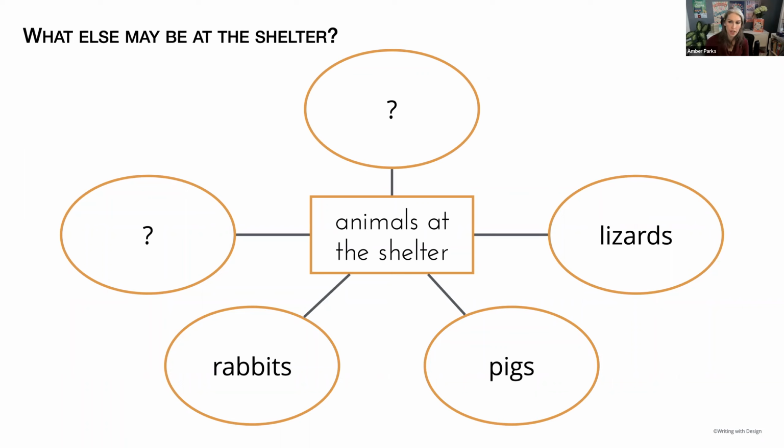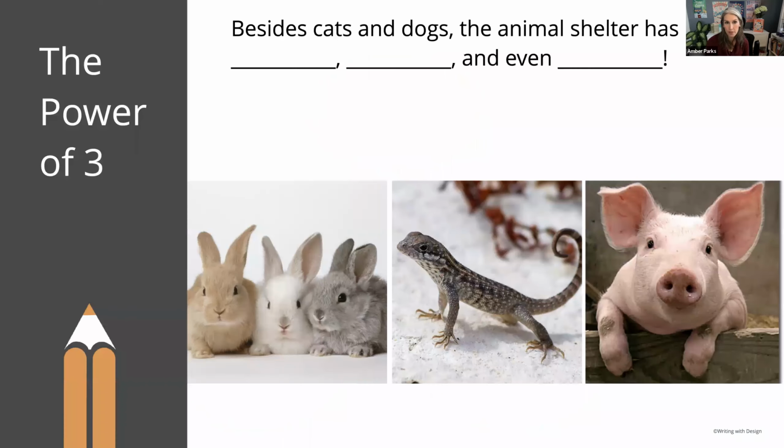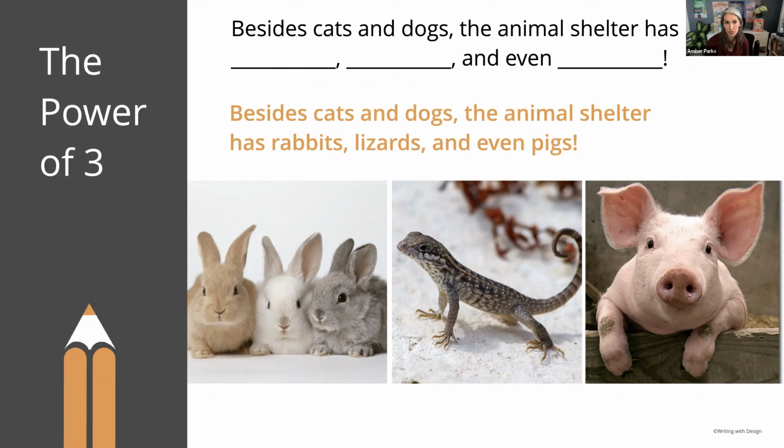And so you see we've got lizards, pigs, and rabbits just listed, but maybe you call your animal shelter and see if they have any strange animals right now or in the past, or you just research online what are some stranger animals that animal shelters have taken in? And then from there, we can just add them in. So besides cats and dogs, the animal shelter has rabbits, lizards, and even pigs. So that's just at the word level of getting that power of 3 going.